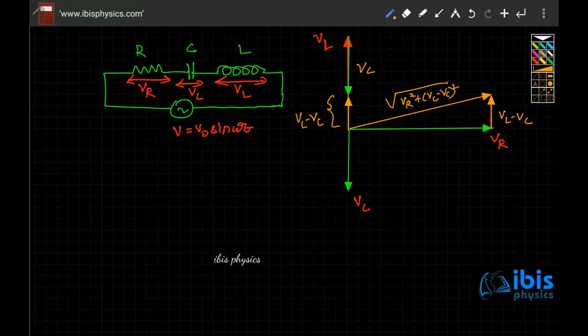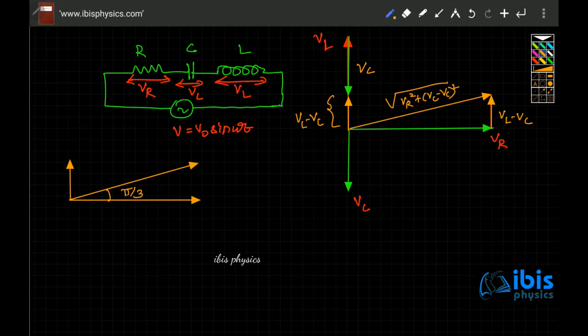Let us try to understand what they have given. If the capacitor is removed, it will be like this. Only the voltage across the resistor and the voltage across the inductor will be there. The resultant of these two will be somewhat from here to here, like this. And they say that when the capacitor is removed, the voltage across the circuit leads by, let us say, pi by 3.